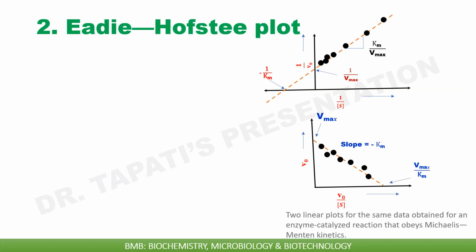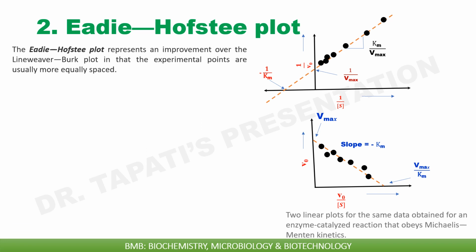Now the second linearized plot is the Eadie Hofstee plot. The Eadie Hofstee plot represents an improvement over the Lineweaver-Burk plot, in that the experimental points are usually more equally spaced.